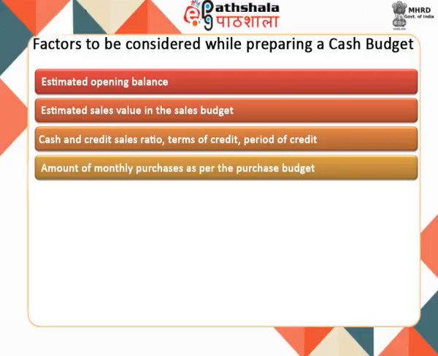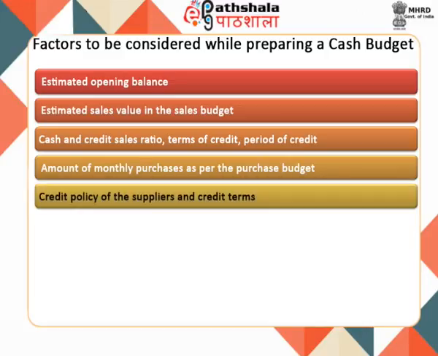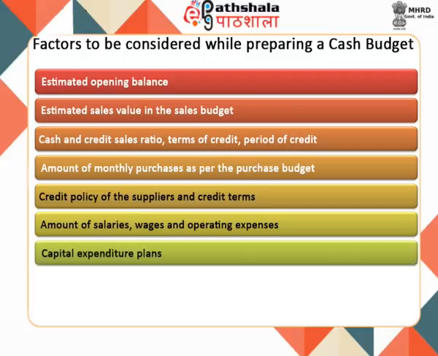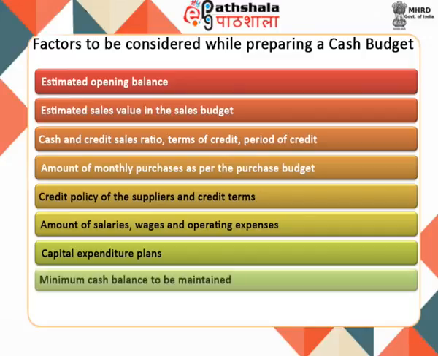Amount of monthly purchases as per the purchase budget, 5. Credit policy of the suppliers and credit terms, 6. Amount of salaries, wages, and operating expenses, 7. Capital expenditure plans, 8. And lastly, minimum cash balance to be maintained.